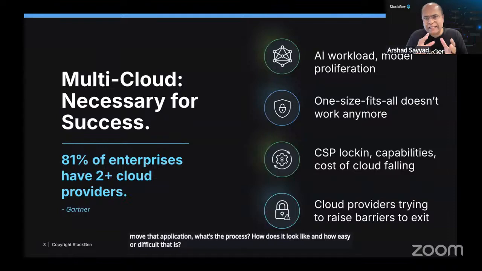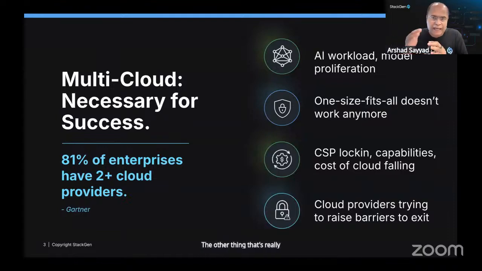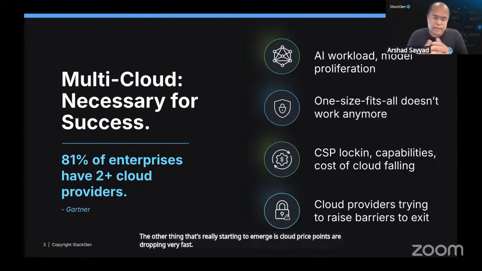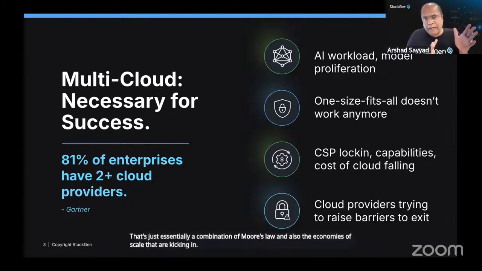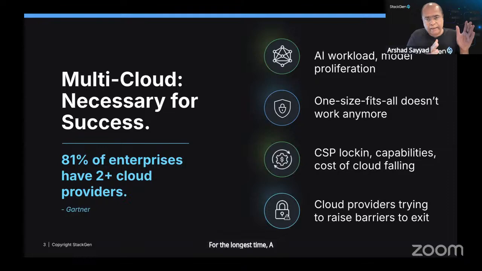The other thing that's really starting to emerge is cloud price points are dropping very fast. That's essentially a combination of Moore's law and the economies of scale that are kicking in. For the longest time, AWS was, and to some extent continues to be, the leader in the cloud space.